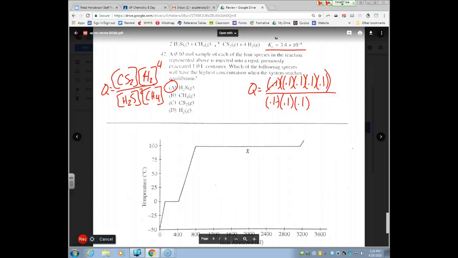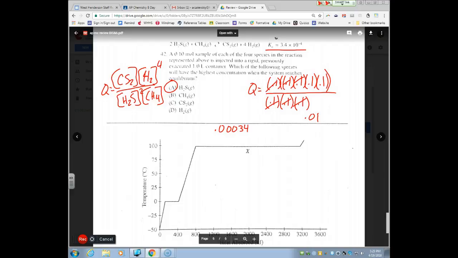So now I can just get rid of some of these. 0.1 times 0.1 is going to be 0.01. And that's what Q is. K is 0.00034.